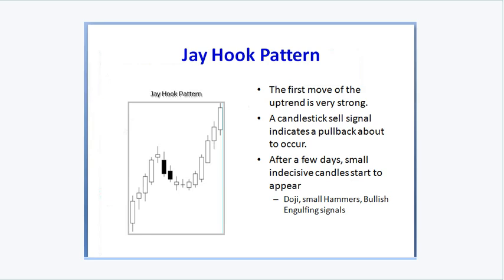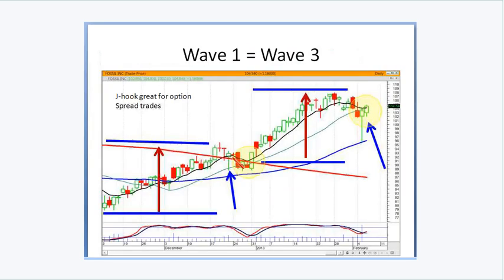Now, the benefit we have on a pullback is we can see what it's doing at the T line. Notice wave 1, wave 2. Now we have a morning star signal right here at the T line. That tells us that probably wave 3 is going to be the same magnitude as wave 1.